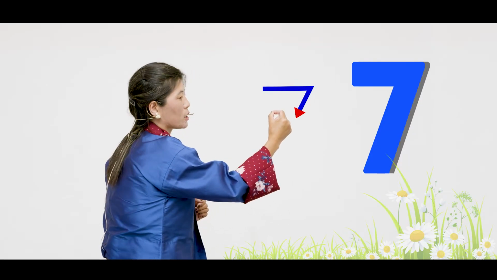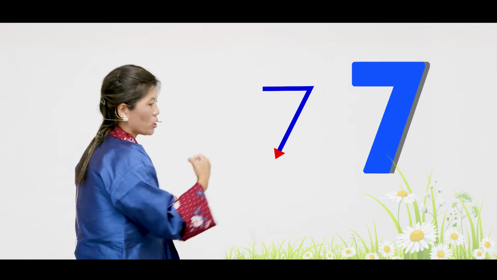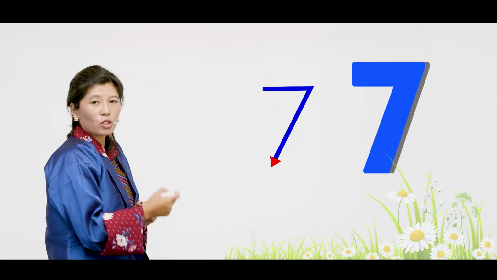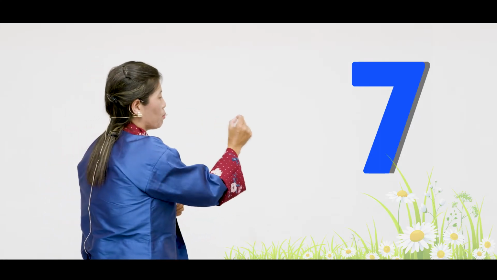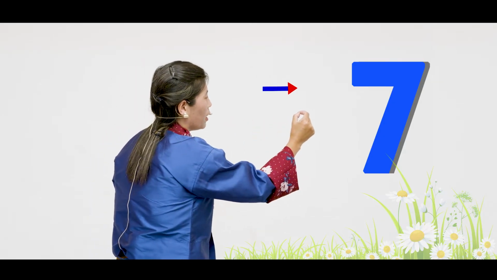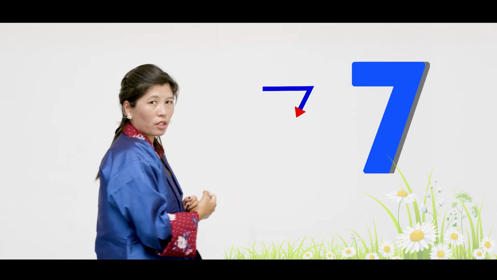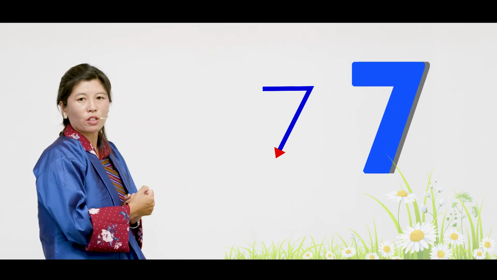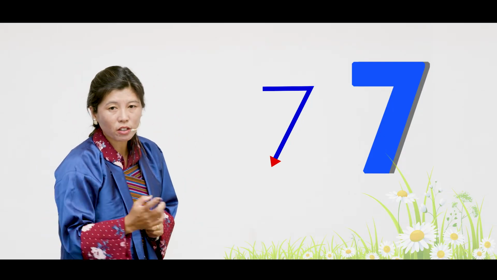Don't go straight, but come a little slanting towards yourself. Do it again. Put your pencil here. Follow the arrow and come a little slanting towards yourself. Don't go straight down. Are you getting me? Okay, try it yourself.